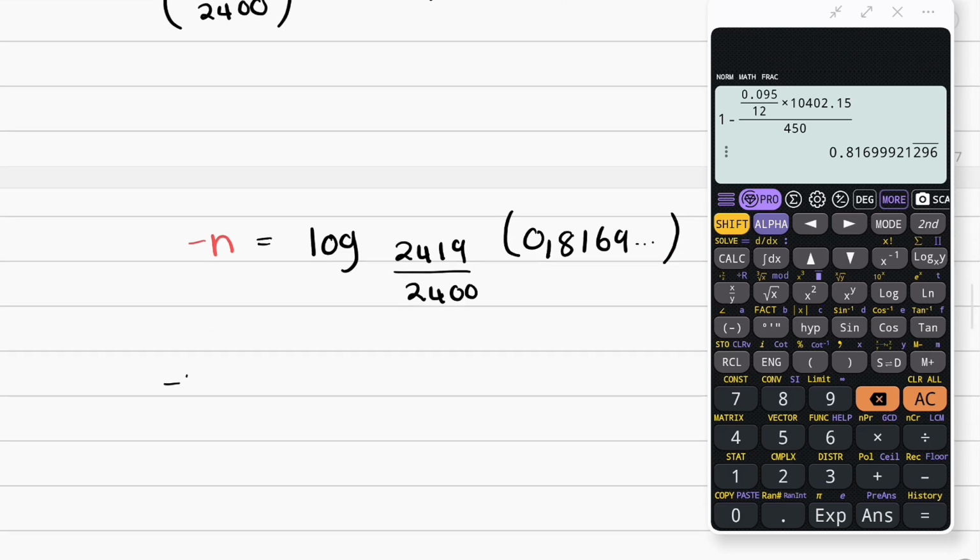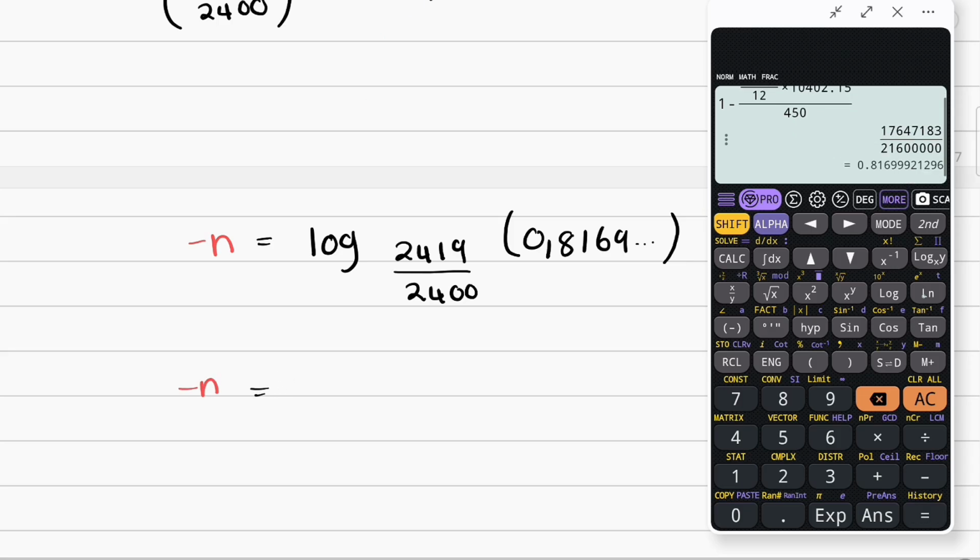And let's find out what this is on our calculator. So negative n is equal to, and on our calculator, just make sure that that is recorded. So you're going to say log, and as the base, we're saying 2419 over 2,400. And then here we're just going to say ans because it has been recorded in the answer. And there we go.